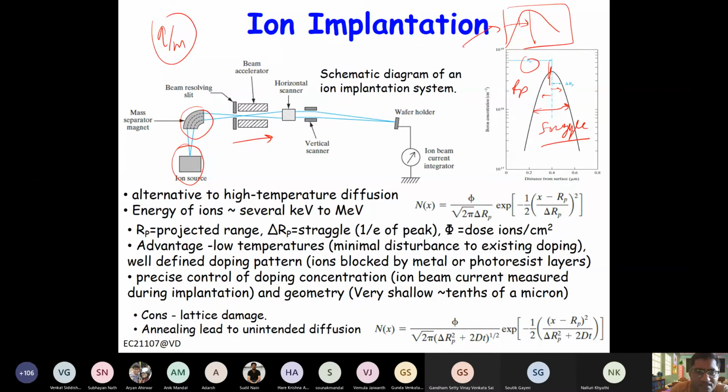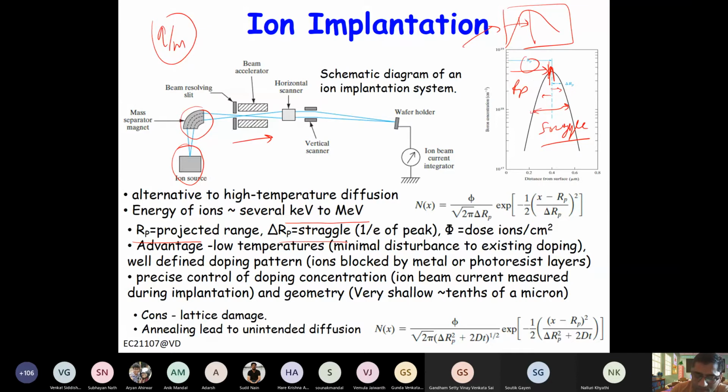You will get some kind of this profile. The energy of these ions varies from a few kilo electron volts to mega electron volts. And these terms you should be clear about: RP is the projected range where the peak occurs, and delta RP is the straggle.